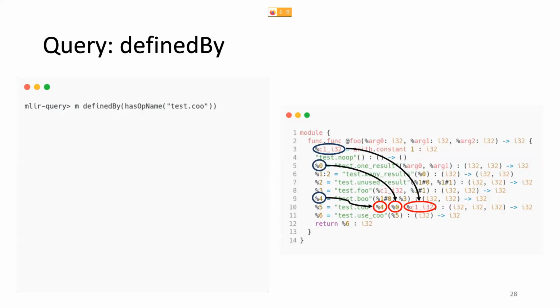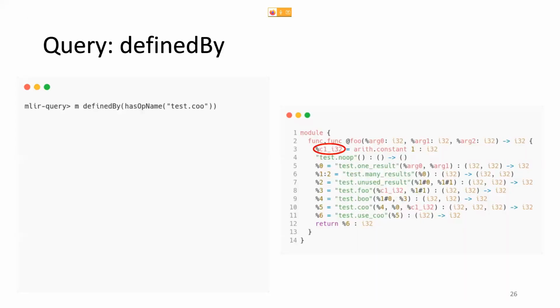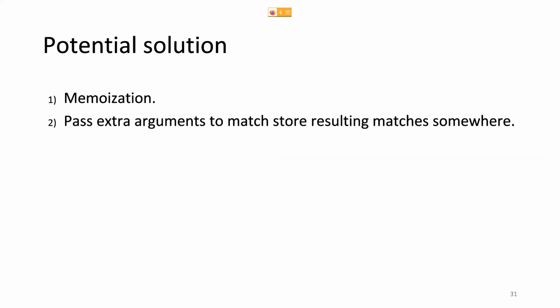But this is not very efficient because it looks at all the children and it doesn't save the results anywhere. So what can be a solution to this is memoization, to save the matches that are already done, and to pass some extra arguments to store the resulting matches somewhere.